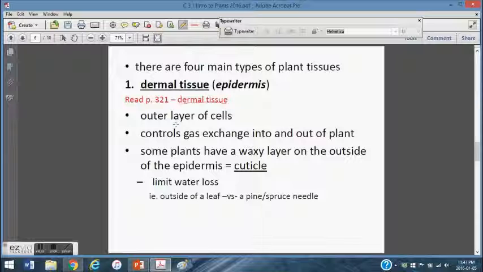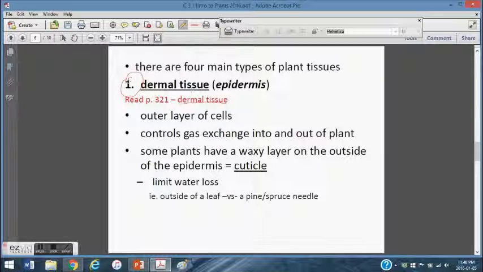So you can look at the outside of a leaf and think about that versus a pine or a spruce needle. The leaf has much less cuticle than the pine or spruce needle does. The outside of the leaf might have a little bit, but it's much more thick on that pine or spruce needle. The cuticle helps it to limit water loss. So that's the first type of tissue, dermal tissue.